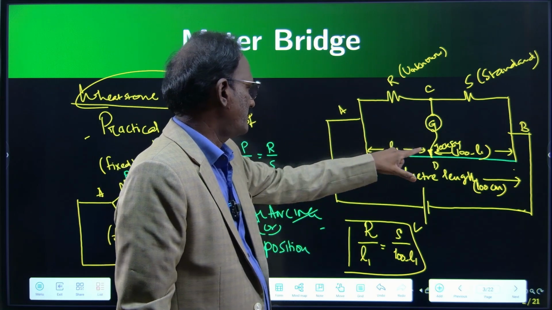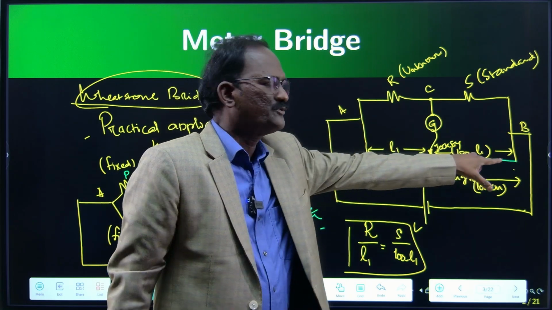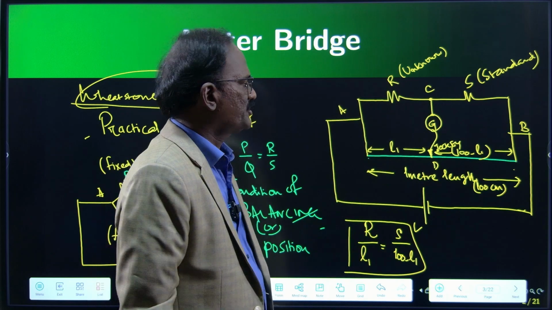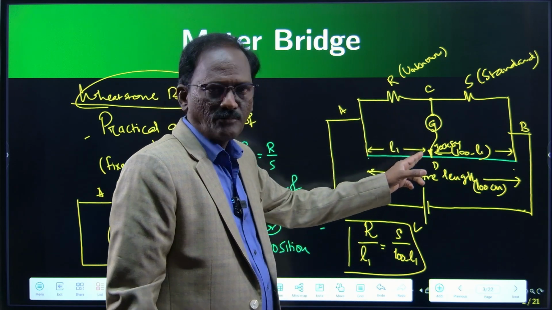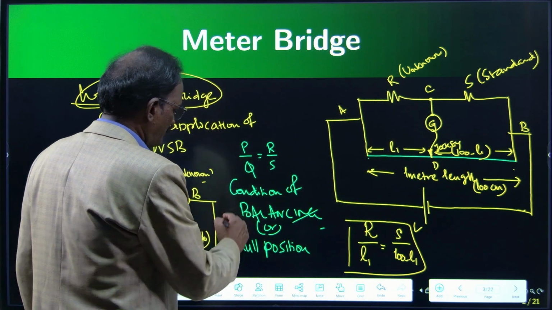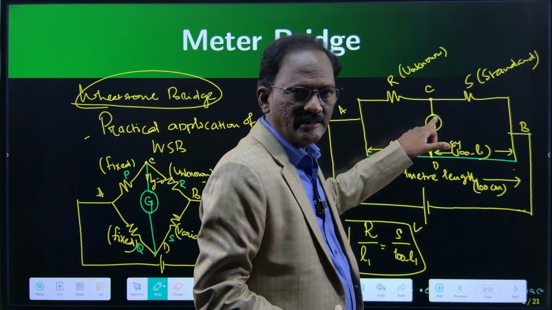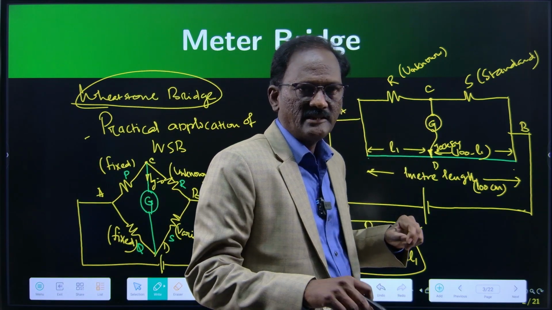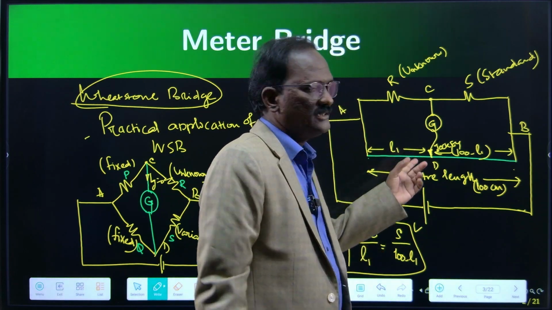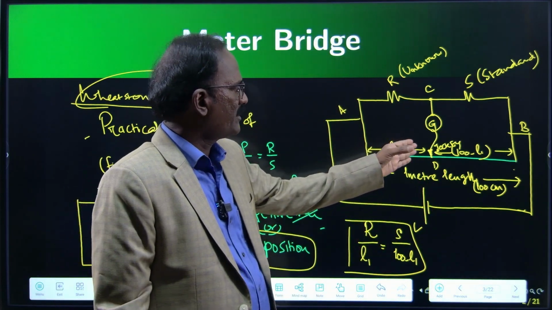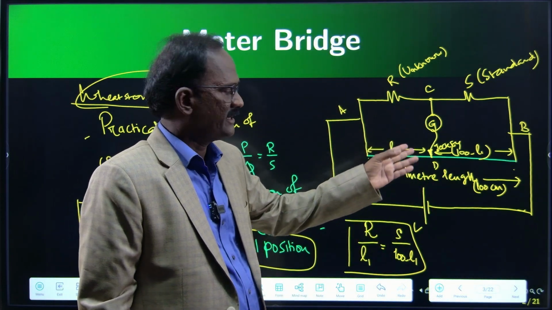From this place to this point, we can vary the jockey point, wherever the null position is obtained. This is varied by watching the galvanometer until it becomes 0. So this is the simplest form of the meter bridge.